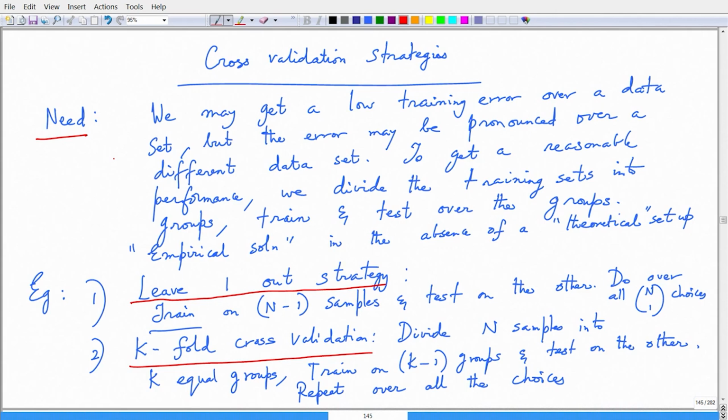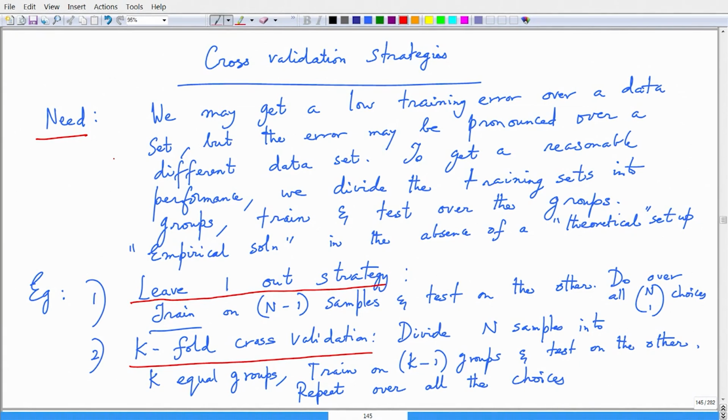So, different data sets can lead to different feature vectors, which may lead to the ability of the neural network to not generalize so well. So, whatever it has trained on one particular data set, it may not be able to perform well on a different data set. So, for this purpose we follow this strategy called cross validation.